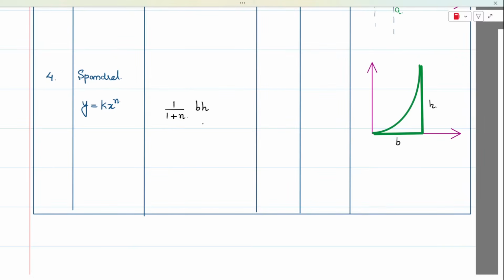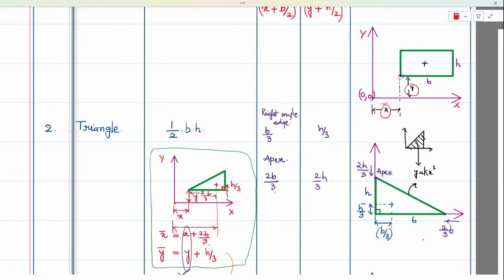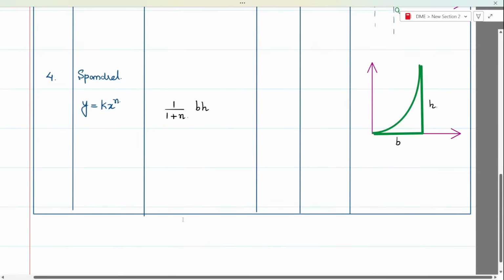Now, in the same way, if I go back to triangle, the centroid of triangle is taken from the apex, and from the apex if we try to measure, it is 2/3 of the base. So I want to utilize my learning and extend that learning to the spandrel. In the triangle we have written it as 2/3 of base. In spandrel, how do we write it?